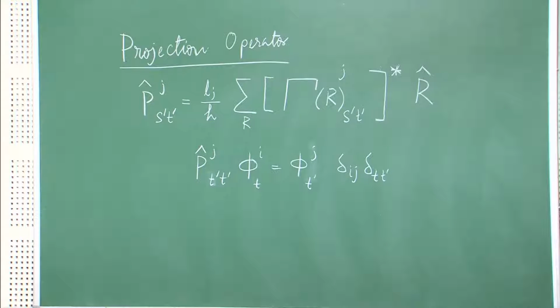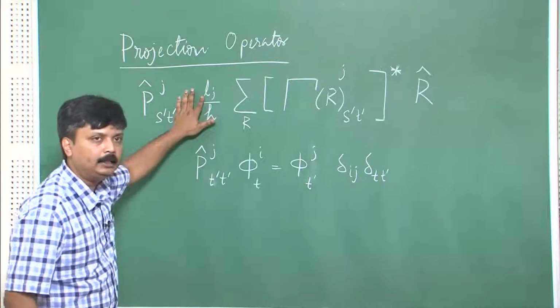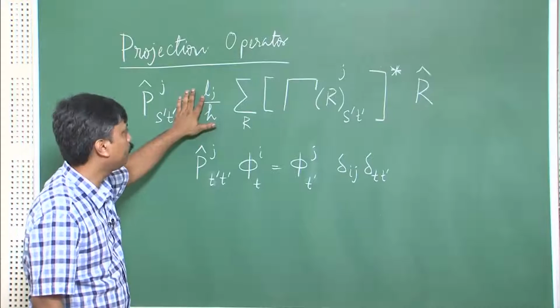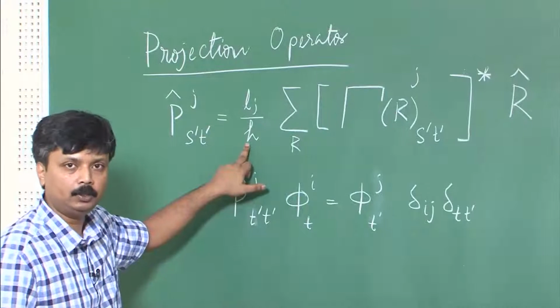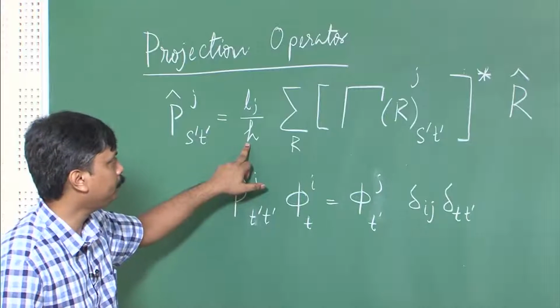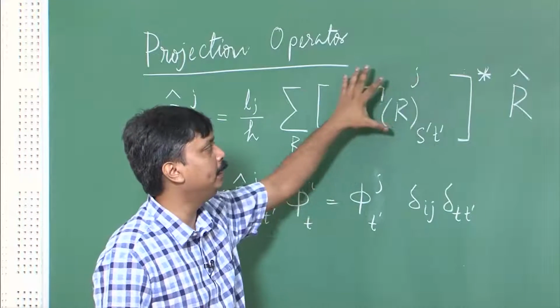You have to find out the dimension of that irreducible representation. So, for representation E, lj will be equal to 2, and h for C3V will be equal to 6, because it has order 6. Then you have to get the matrix elements.